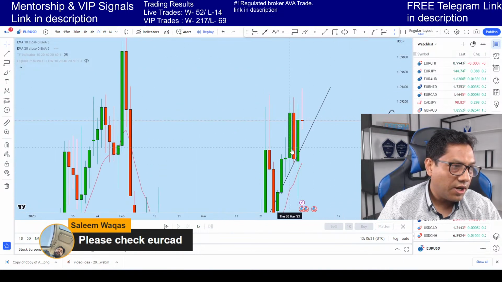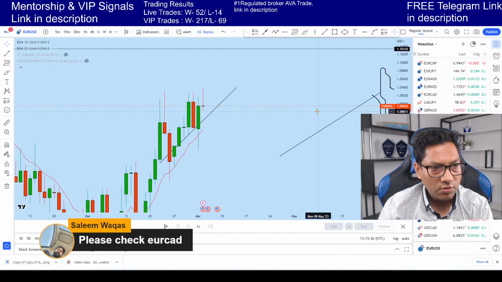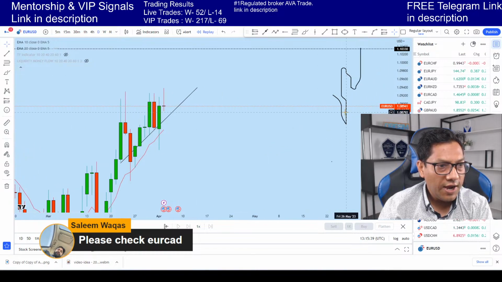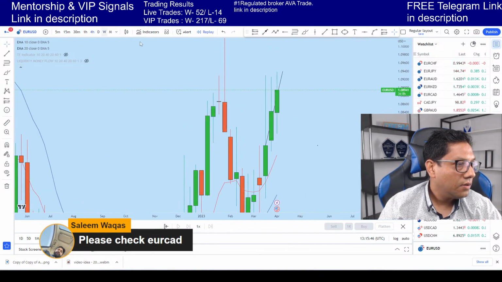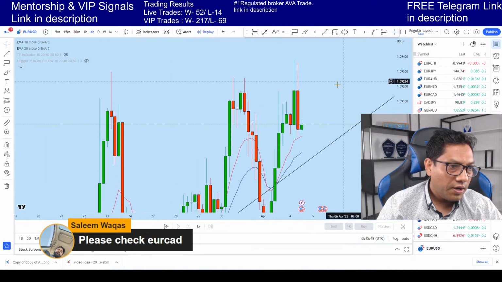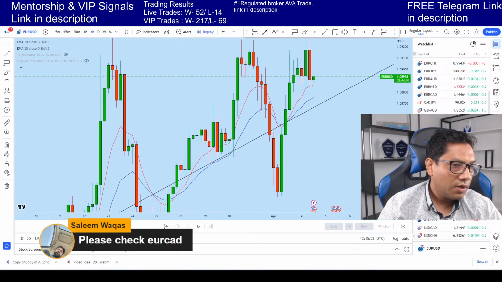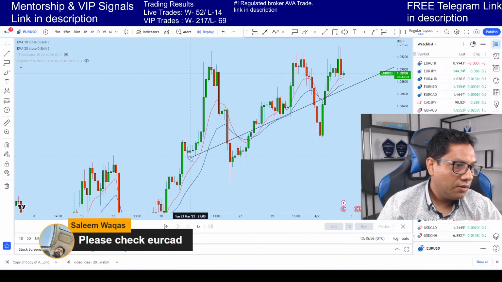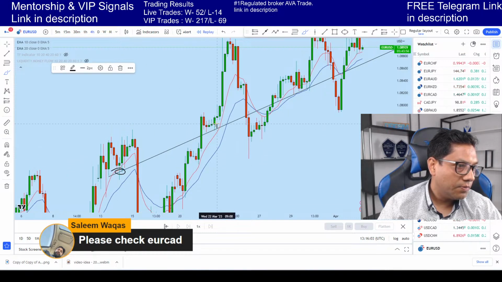As I mentioned, this is the trend line that I drew on the daily at the beginning of the session on Euro dollar. Okay, so with that, and if I look at the weekly, from the lower time frame perspective, what I see is that this is the support on Euro dollar. If I extend this line, you can see support here, movement, support here, movement.